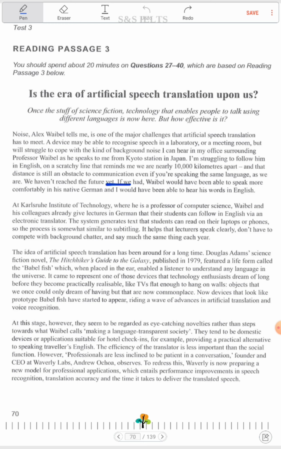Everybody, despite the fact that they are speaking the same language, they had this challenge, they had these difficulties. This indicates that there are some challenges in the conversation which both speakers are facing. Therefore, the answer is D.